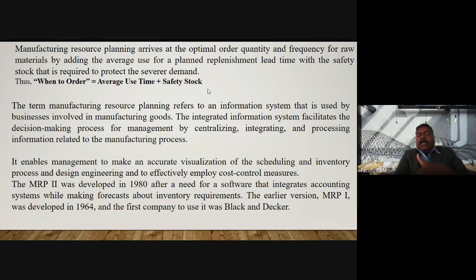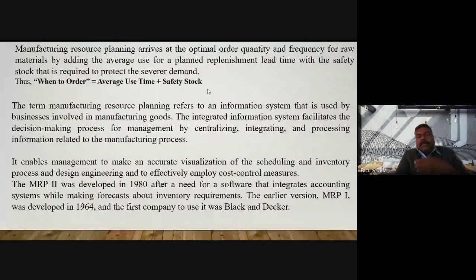So for taking decisions, we need some process for management, by integrating, combining all the departments and processing the information related to the manufacturing process. Any data they collect and convert into information, they make reports and send them, that is management information systems.